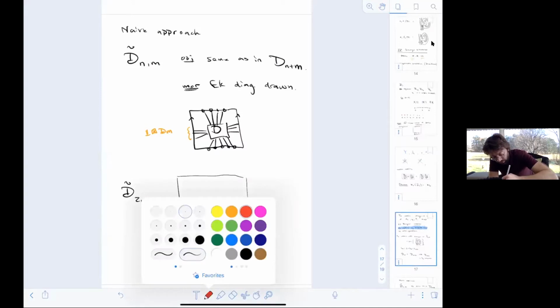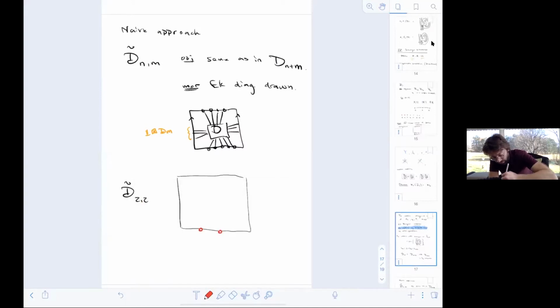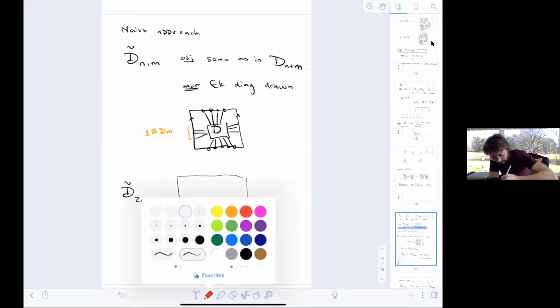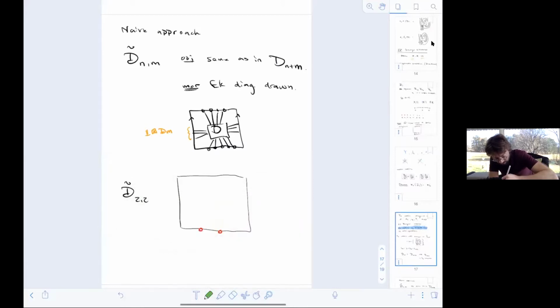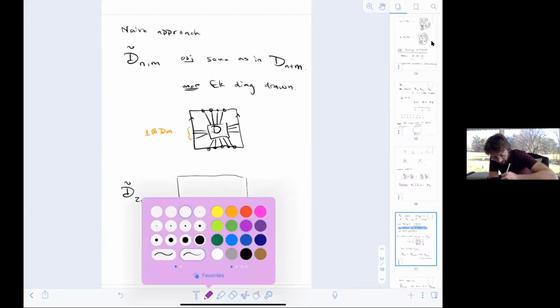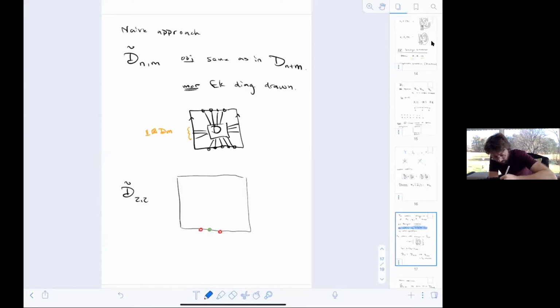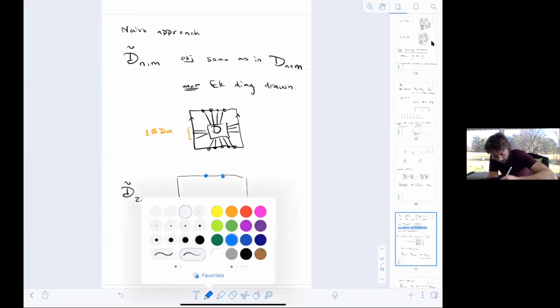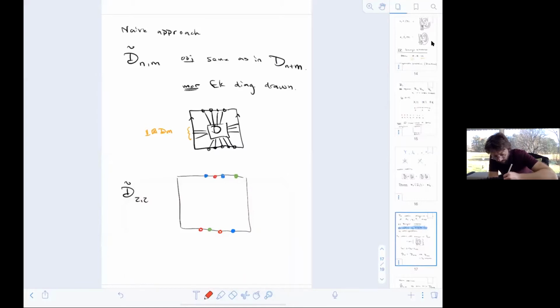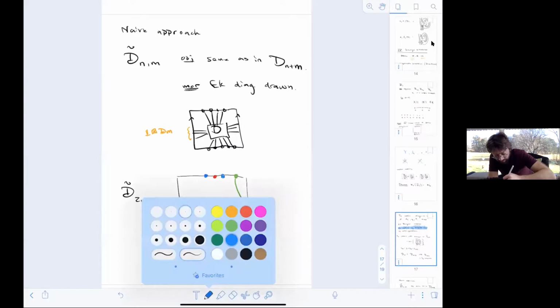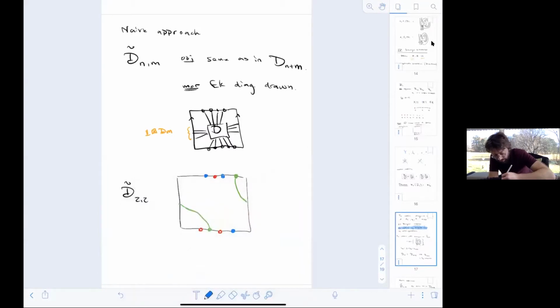So given any sequence, let's say, this is a perfectly well-defined diagram.